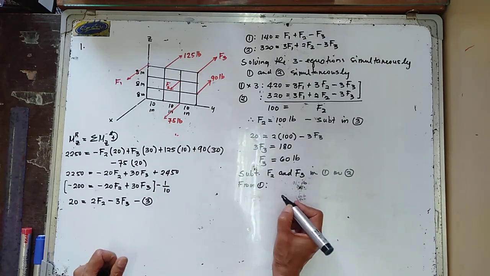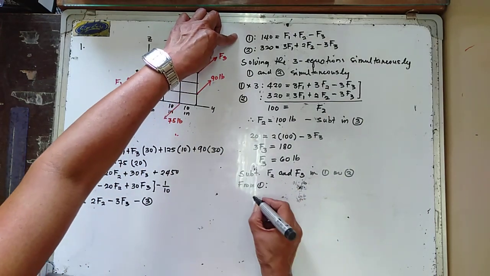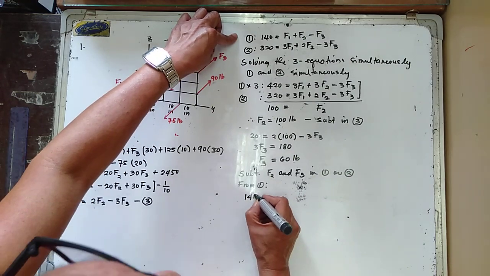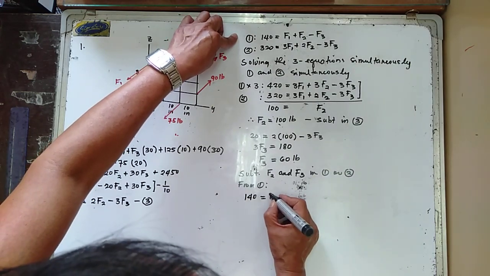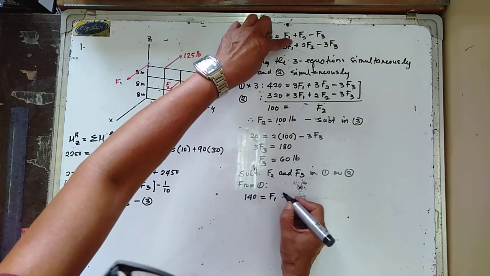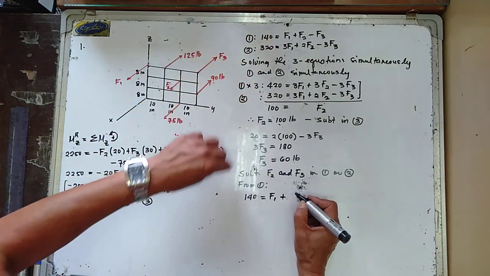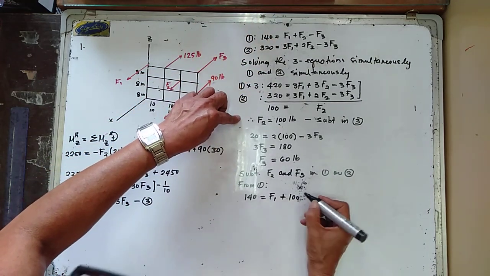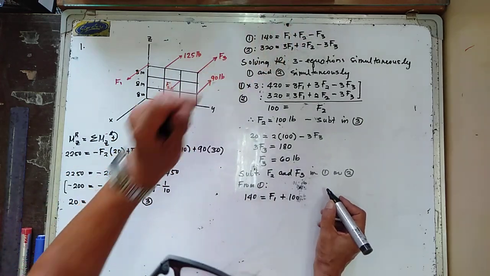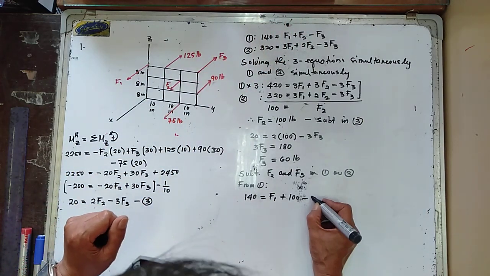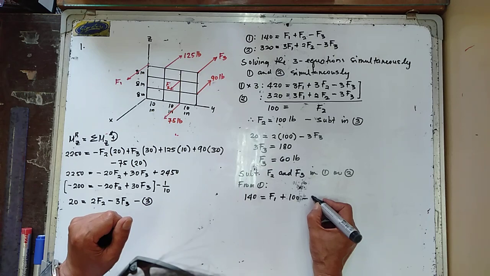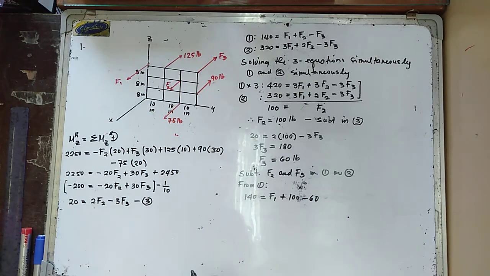So from equation 1, we have 140 is now equal to F1 plus F2, and F2 is 100 pounds, minus F3, and F3 is 60 pounds.